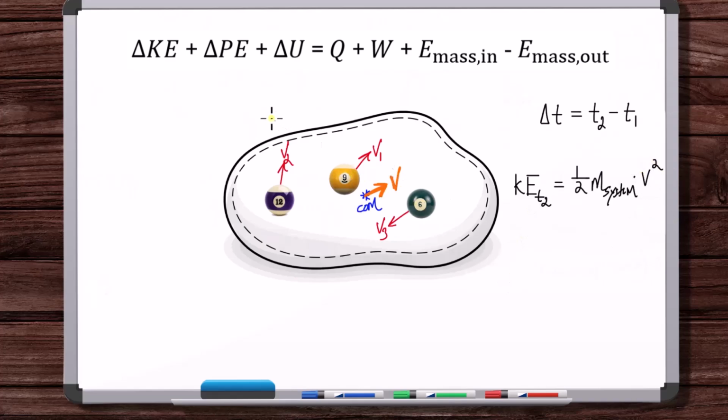And the same exact idea applies to the bulk potential energy of the entire system. These energies are associated with the motion or position of the system as a whole.